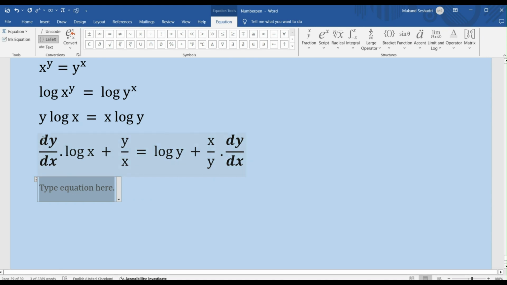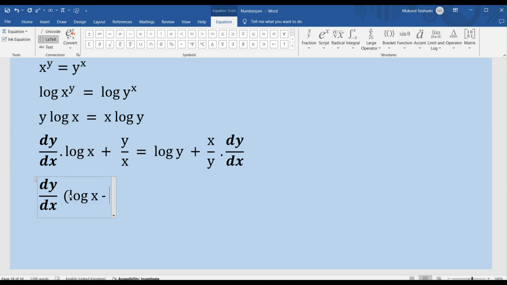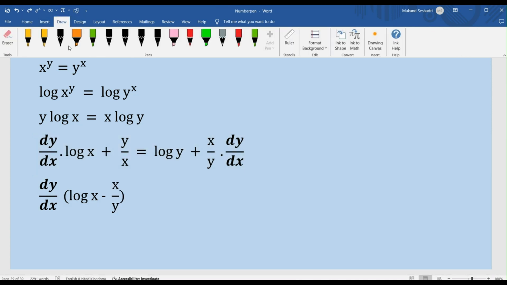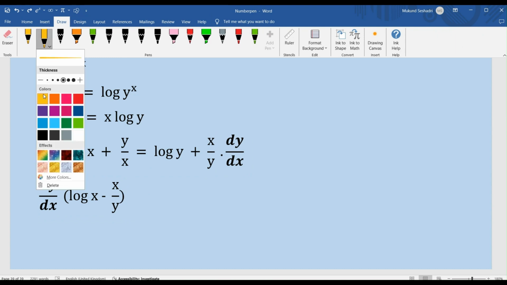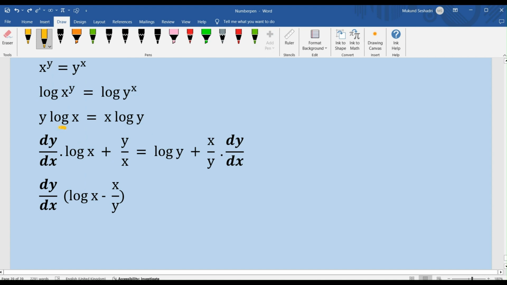So I move all the dy by dx expressions to my left hand side, and what do I get? I get a log x minus x by y, right? I hope you folks are with me. So what am I exactly doing? I'm just doing a rearrangement of dy by dx terms.